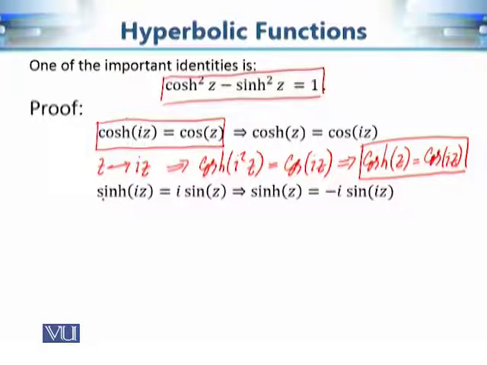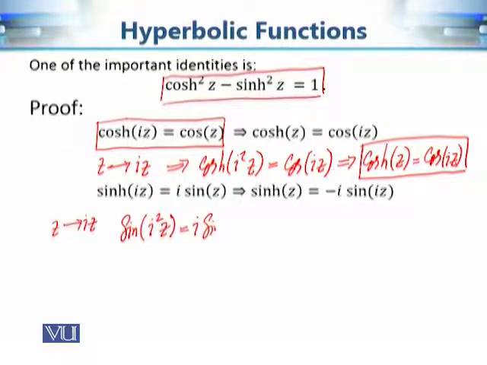And similarly for sine, if we replace z with iota z, what do we get? So sine hyperbolic iota square z is equal to iota sine iota z. Okay, so we are just replacing this in this property. So now what is sine hyperbolic iota square z?